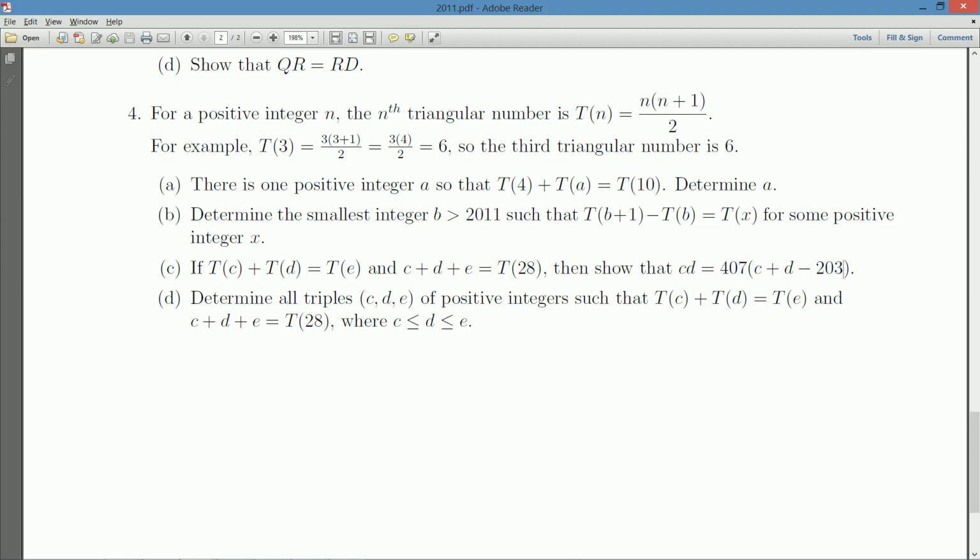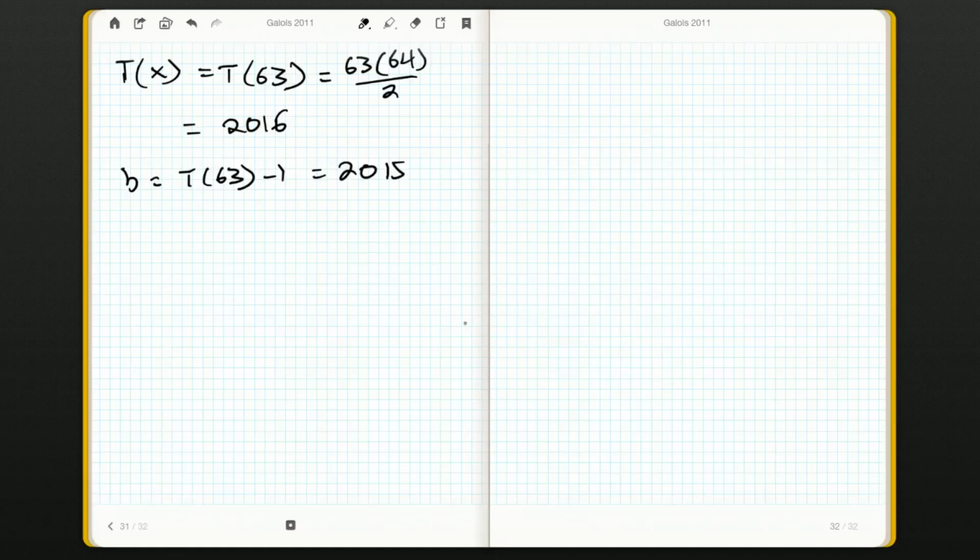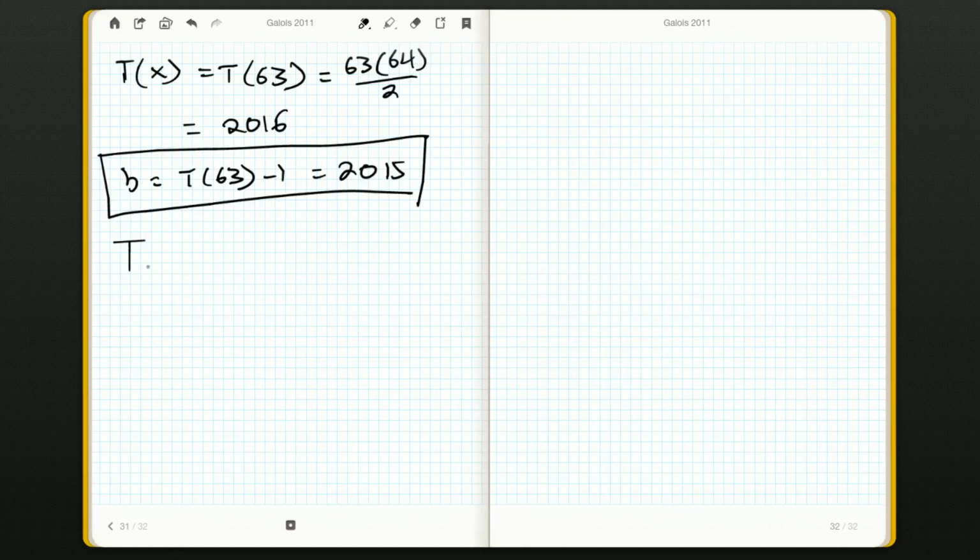So let's actually work this out. We're going to write down these equations here. First we'll just box our answer to the last one. So I know T of c plus T of d is equal to T of e.